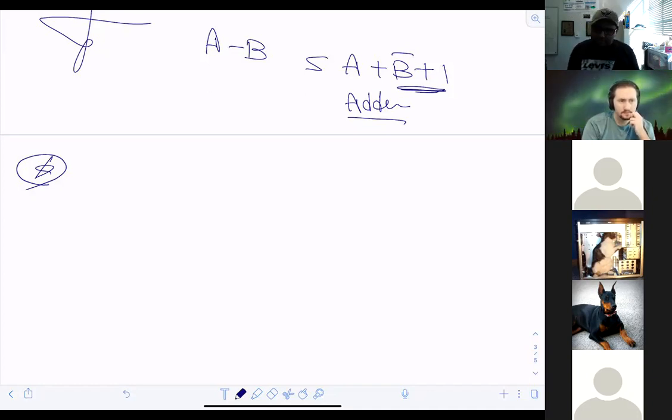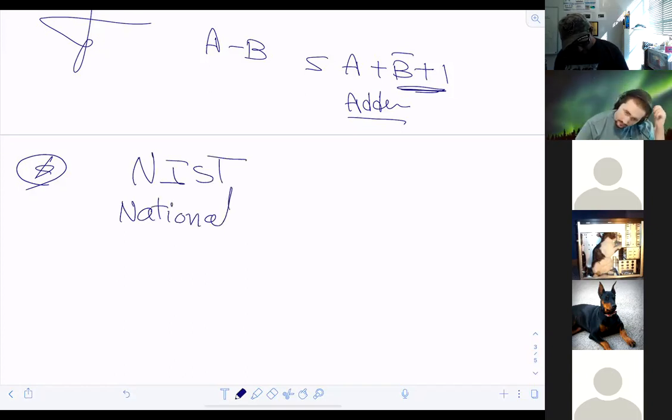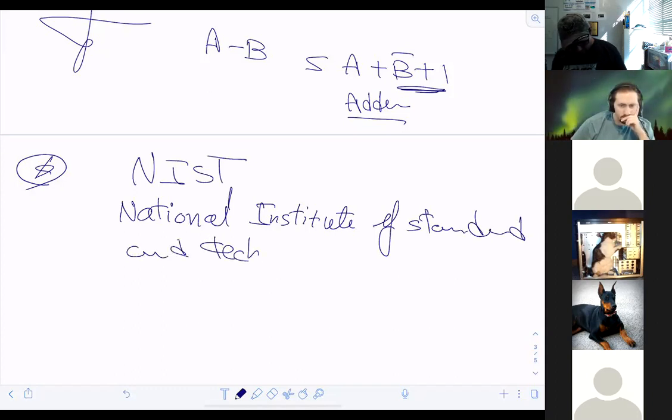Here in the country, we have something called NIST, the National Institute of Standards and Technology. Have you guys heard about it? NIST, National Institute of Standards and Technology.